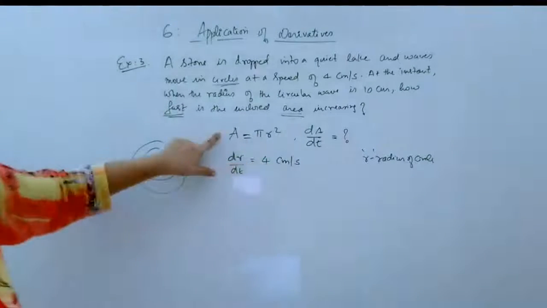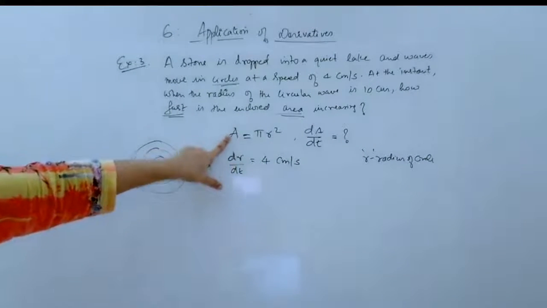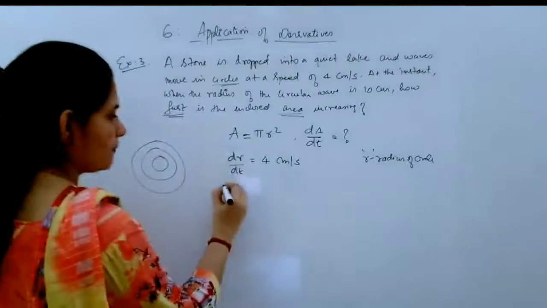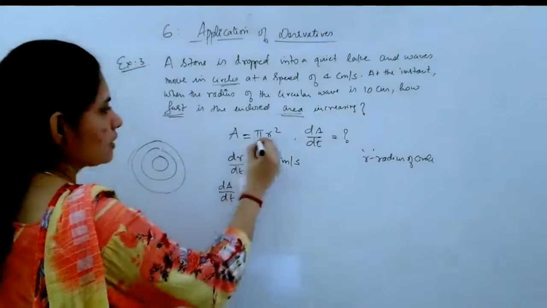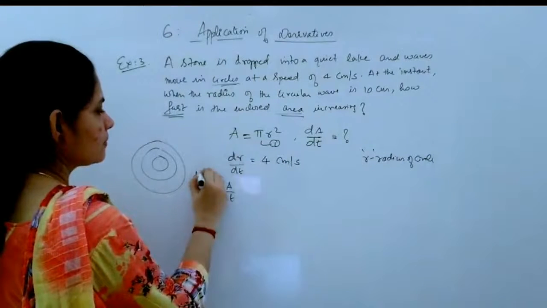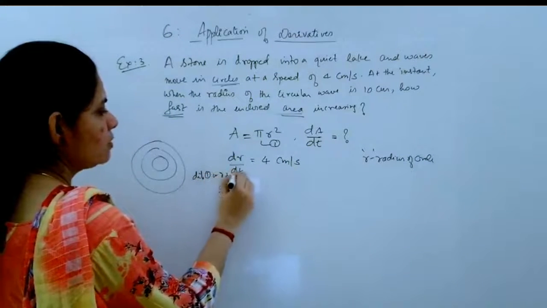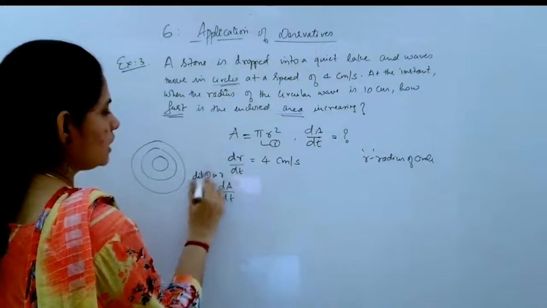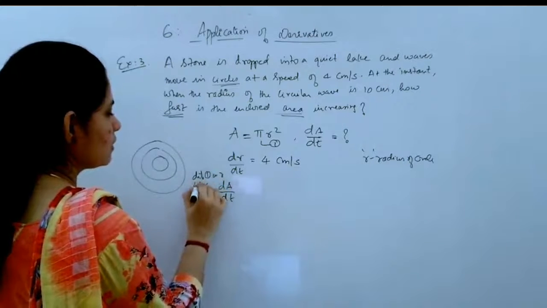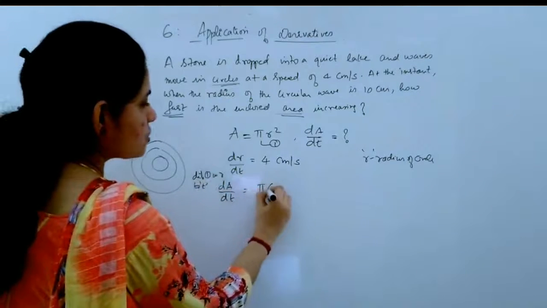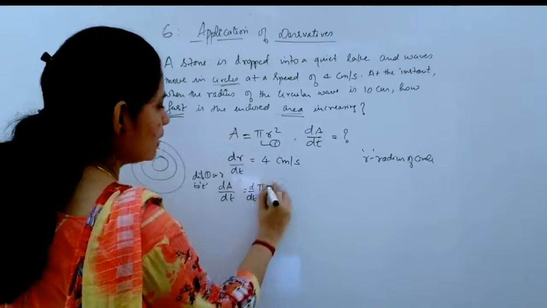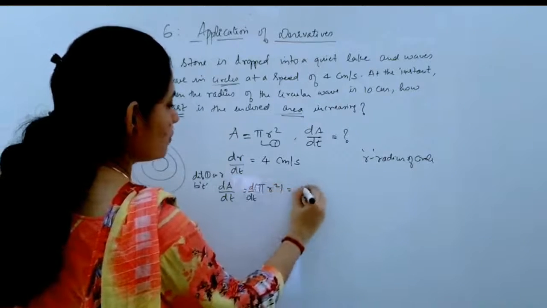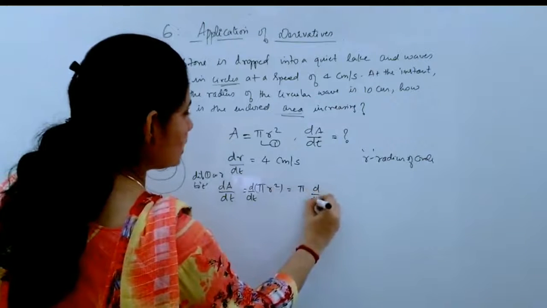Now what we need? dA by dt. So we have to differentiate this with respect to t, not r. Okay, so dA by dt, that is differentiating this one with respect to t, what you will get? Pi into, actually d by dt of pi r square, which will give you pi into d by dt of r square.